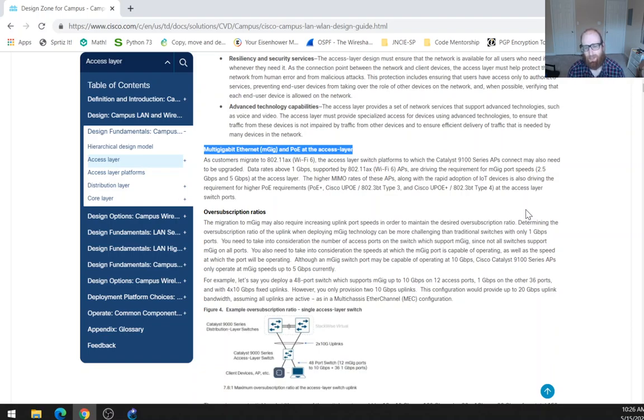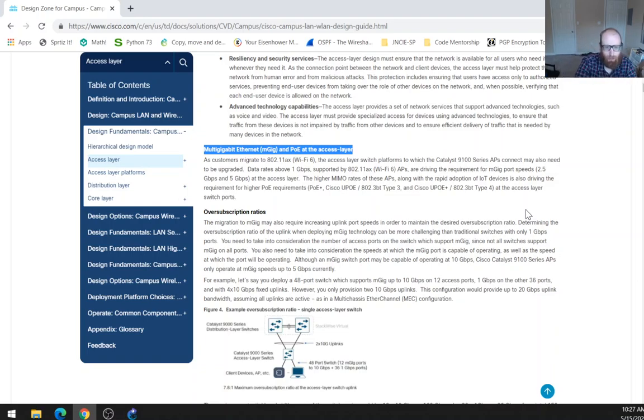You also need to take into consideration the speeds at which the mGig port is capable of operating, as well as the speed at which the port will be operating. Although an mGig switch port may be capable of operating at 10 gigabits per second, Cisco Catalyst 9100 series APs only operate at multi-gigabit speeds up to 5 gigabits per second currently.